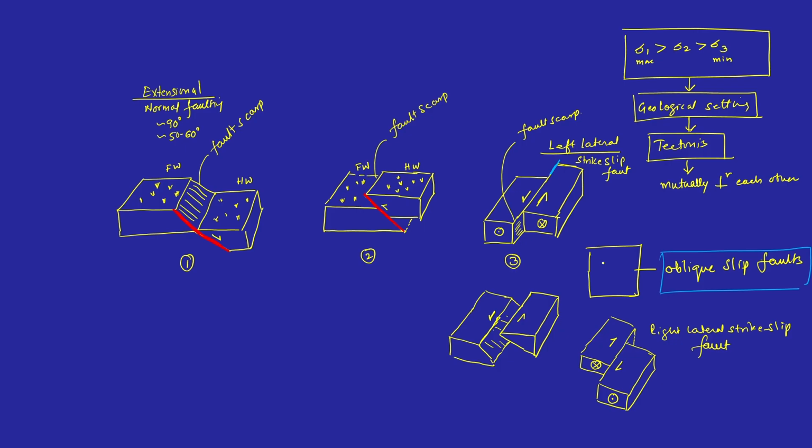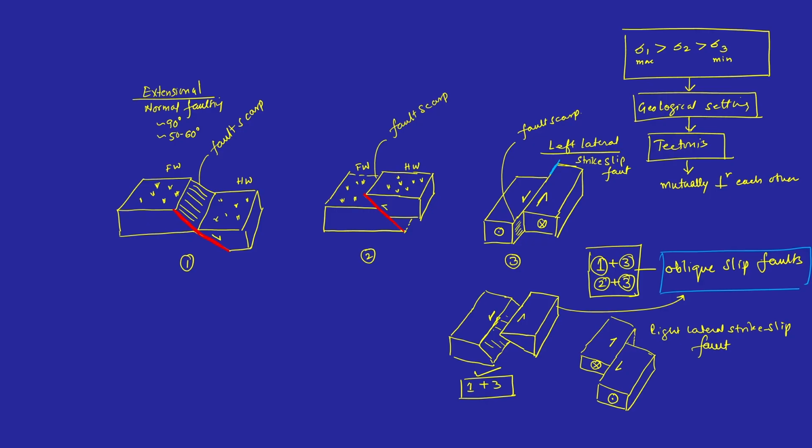So this will be your 1, that is normal faulting, plus the strike slip, and then you have 2 and strike slip. Okay. So in this case, we have the combination of 1, and then we have lateral slip, that is 3. Okay. So these are termed as oblique slip faults. Okay. So just make this correction. This is your normal, and then strike slip, reverse, and then strike slip.